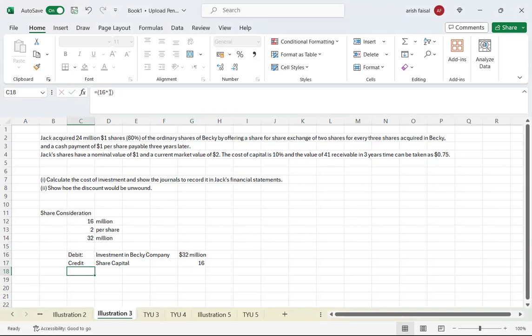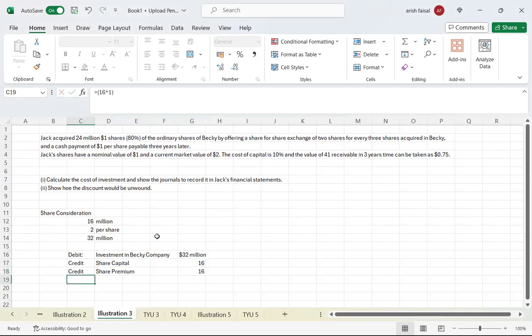So that's 16. The rest extra, that's going to be again a credit and it will be a share premium. Okay. So the premium, as I told you, was $1. So in that case, again, it will be 16 multiplied by 1. So you will get 16 again.